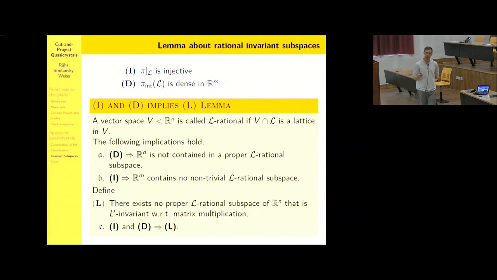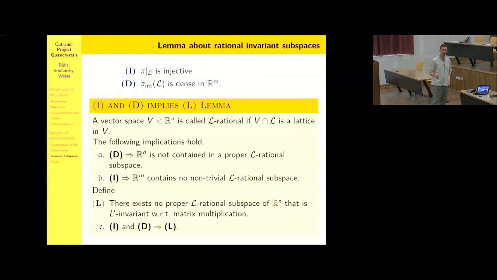The first part of the lemma tells me that if the projection to internal space is dense, then there's no proper L-rational space which contains R^d. And the second property: if the projection on the physical space is injective, then the internal space cannot contain an L-rational subspace.